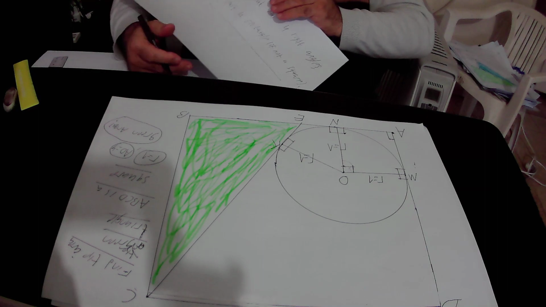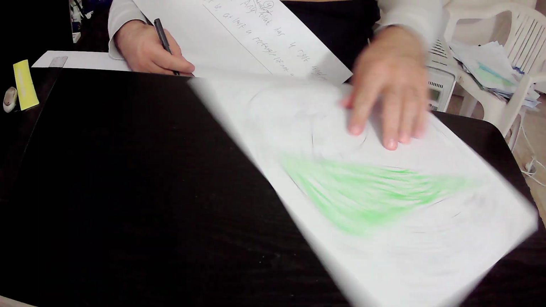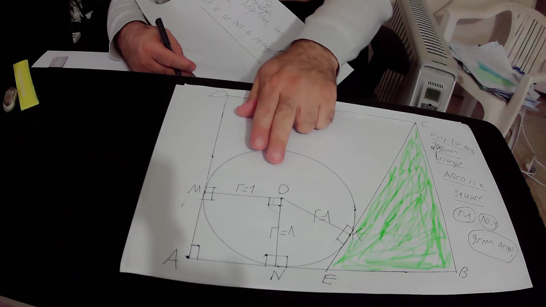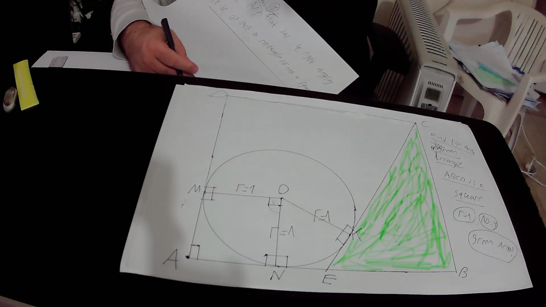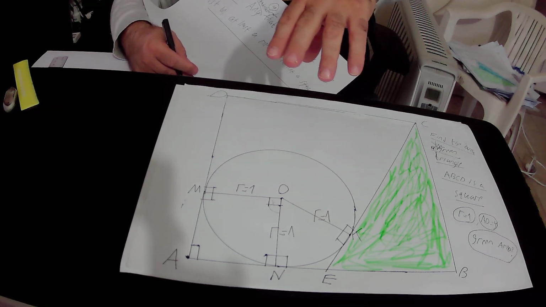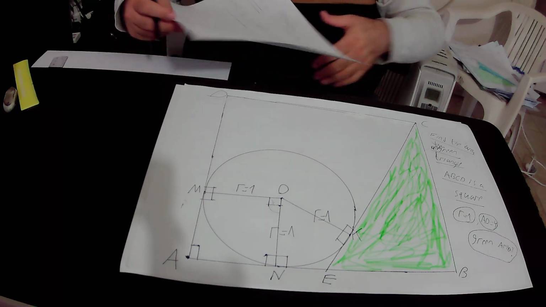And because quadrilateral MOAN has 4 right angles, we will relate to this quadrilateral as a rectangle.